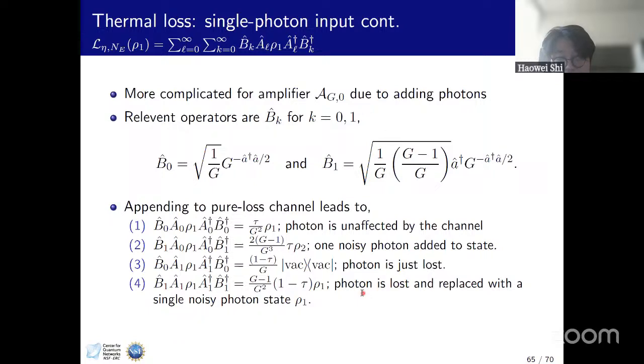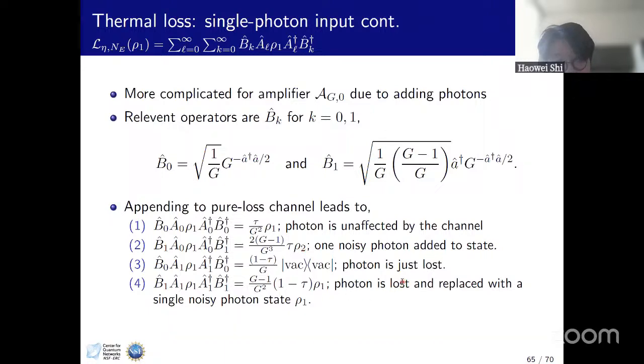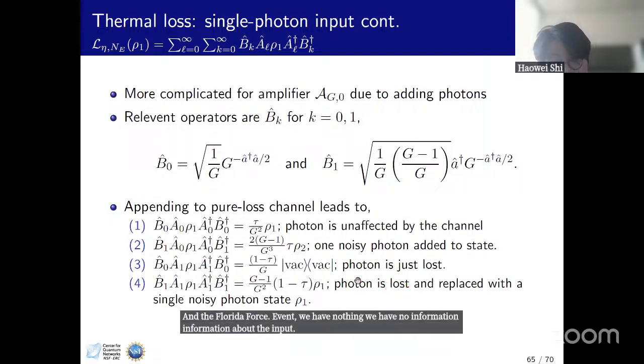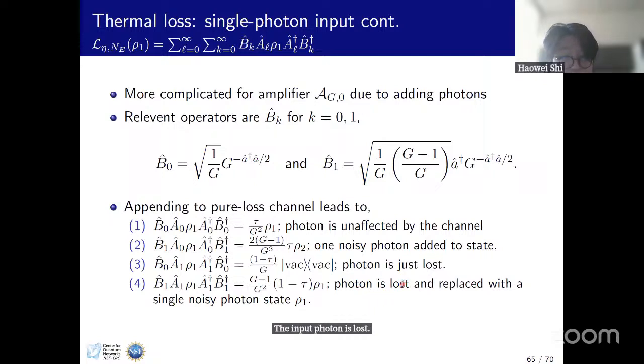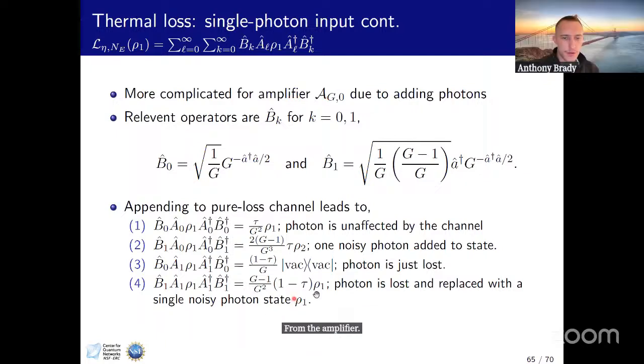In this case, the input photon is lost while in the second channel a photon is added to the state. So we have a single photon output, with no information about the input. The input photon is lost, and it's replaced with a single noisy photon that comes from the environment, from the amplifier.